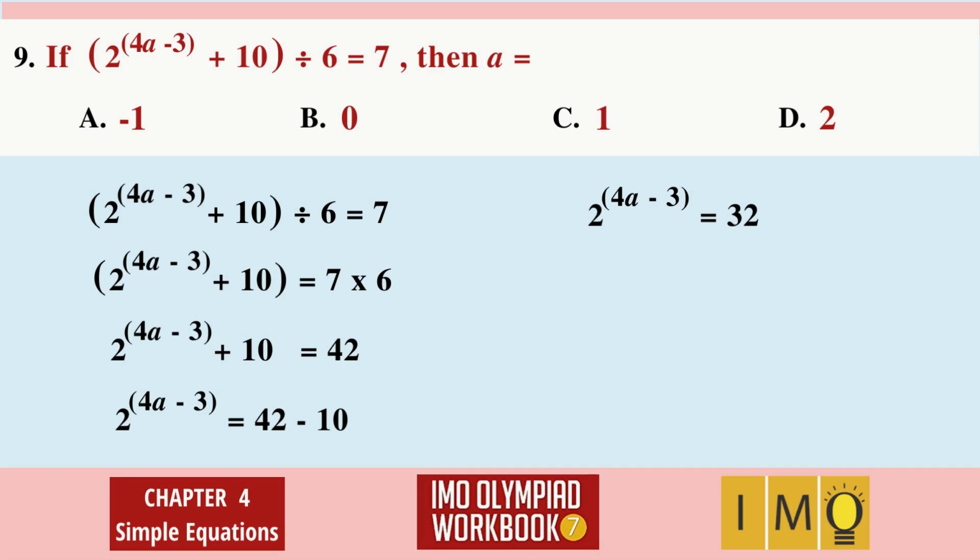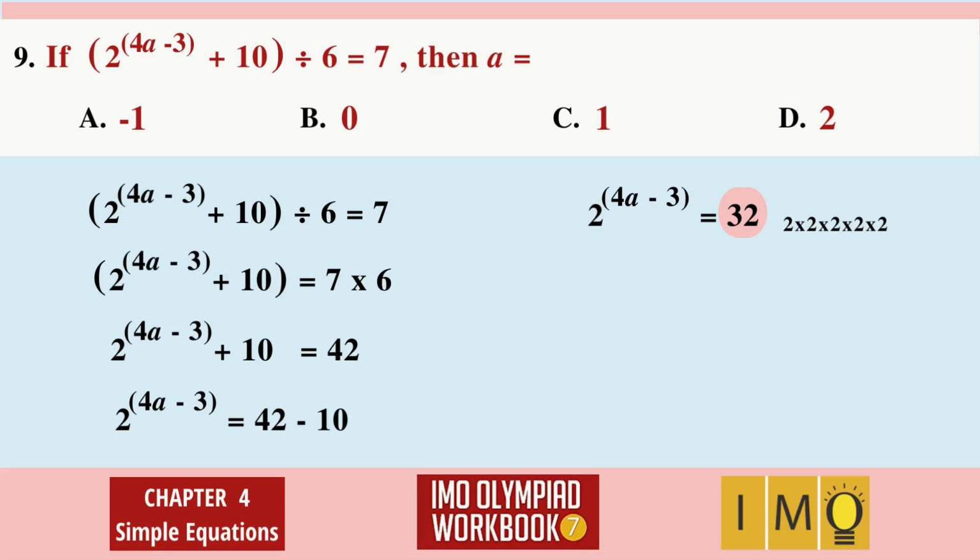Now let's pause and think. In the left hand side, we have a variable on the exponent, and on the right side, we have a constant. What we can do is to express 32 as an exponent with the same base 2. 32 is the same as 2 multiplied 5 times.